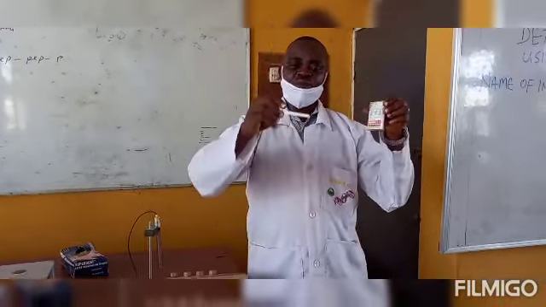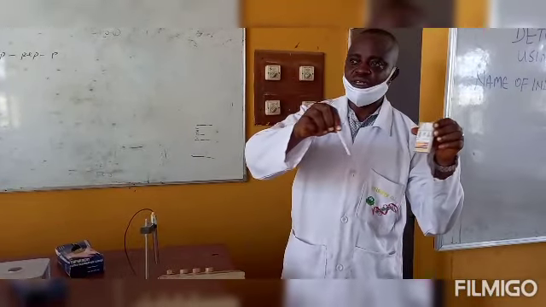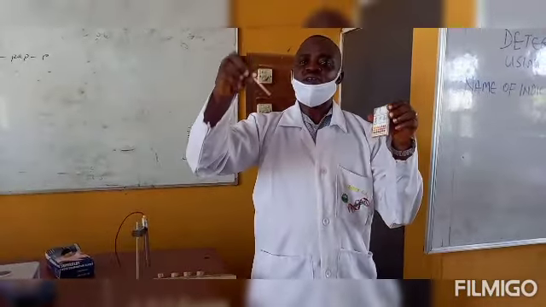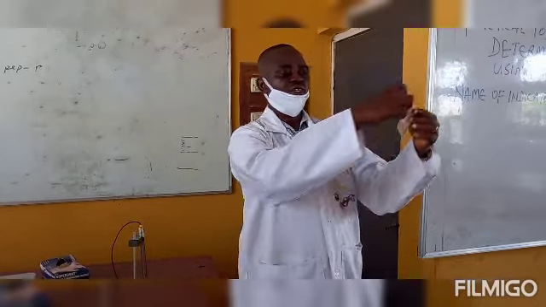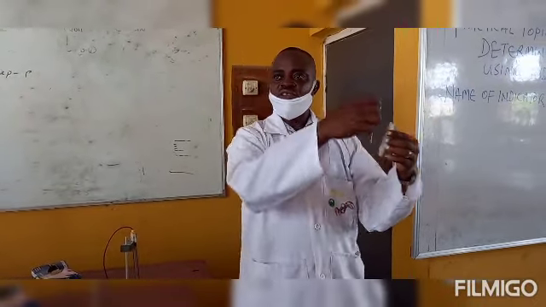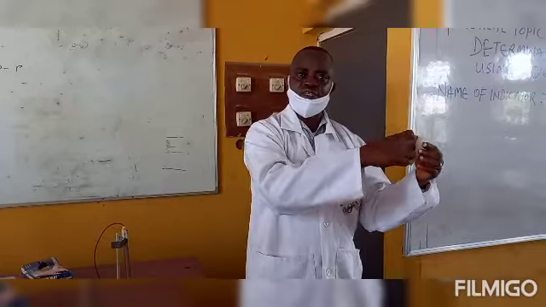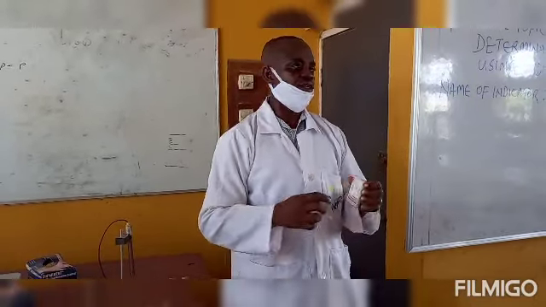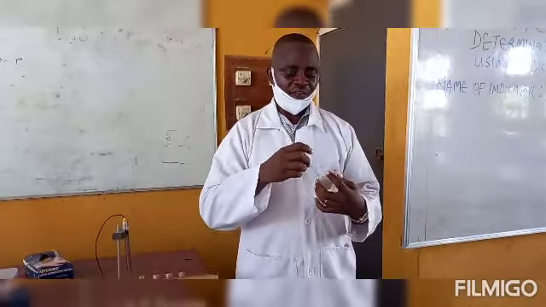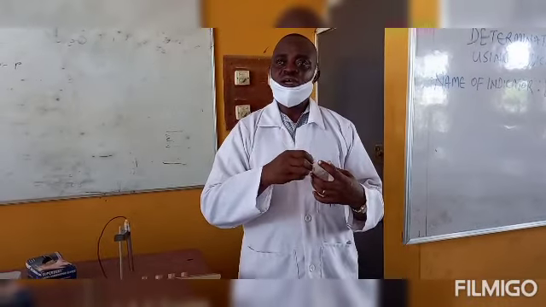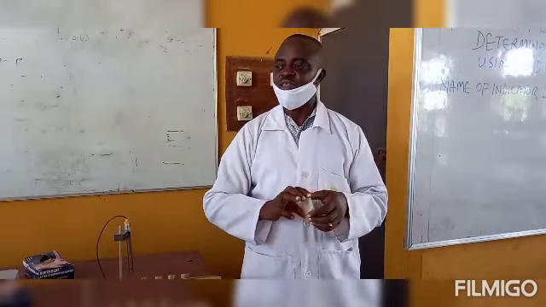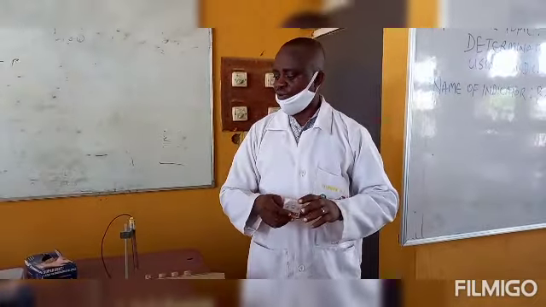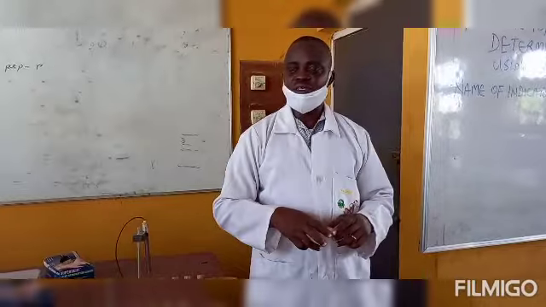Immediately after you dip it inside the test solution, whatever color develops, you match it with the colors on this cartridge. Whichever one it tallies with will give you the corresponding pH value of that particular solution. It is a very quick and fast method that we use on the field to determine a rough estimate of the pH of the test solution.